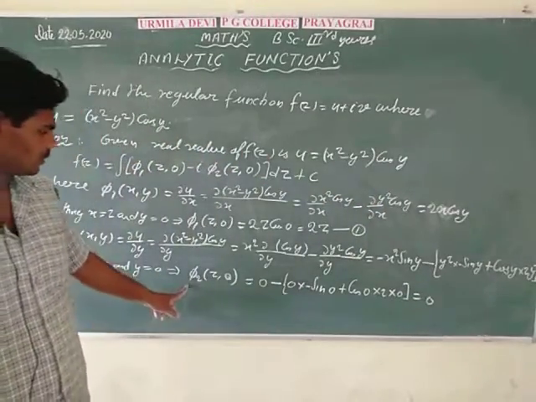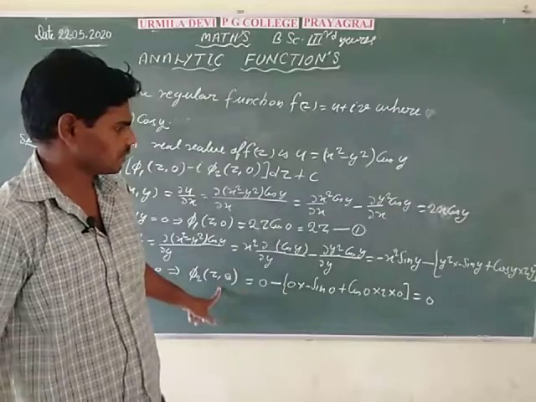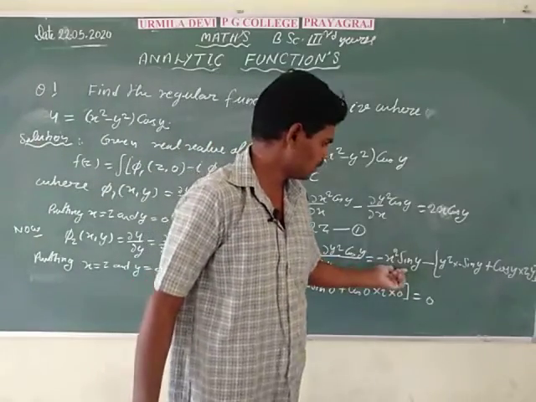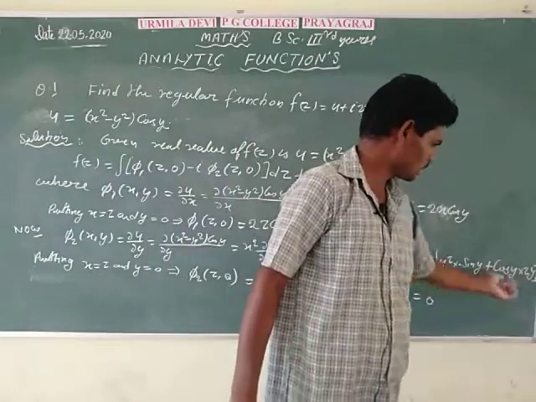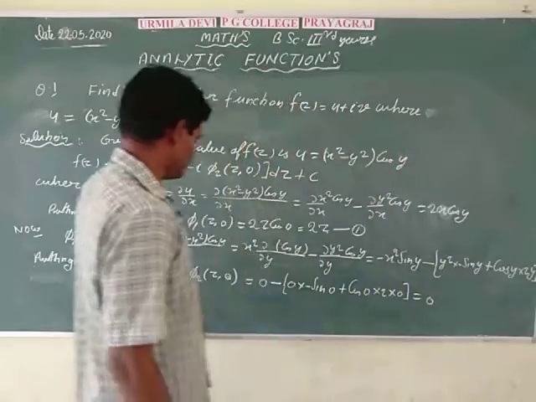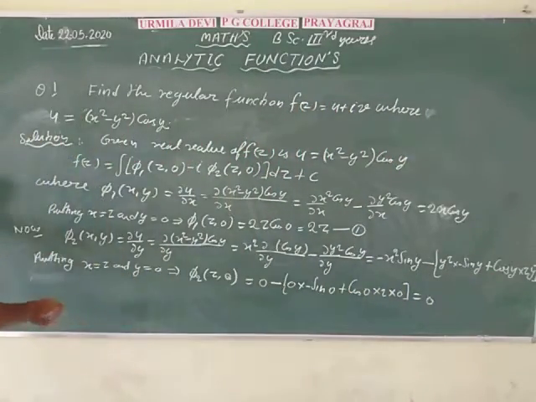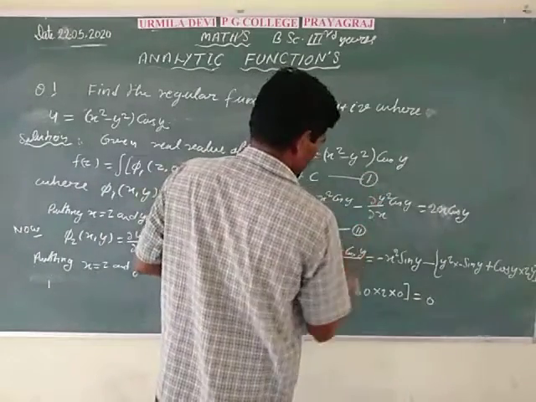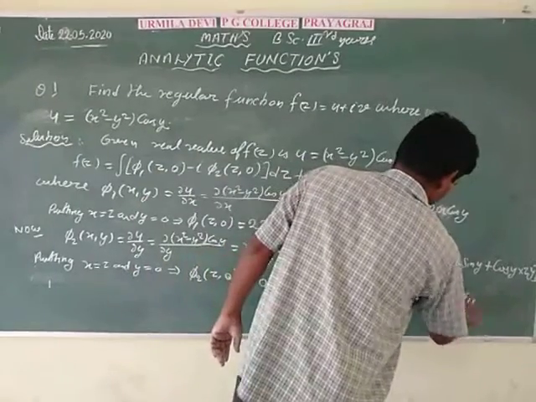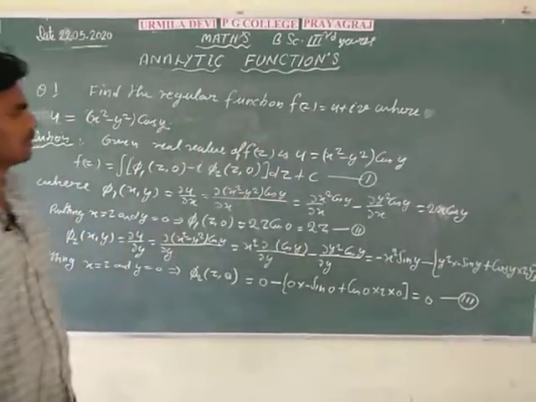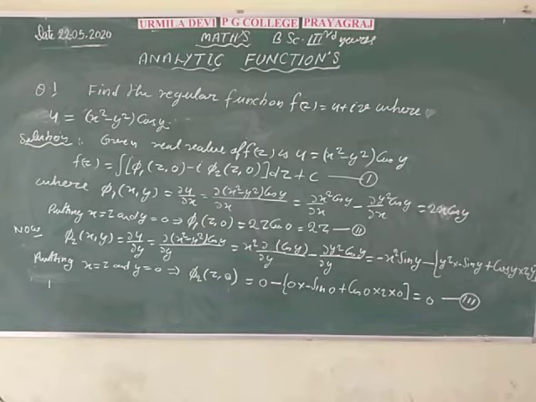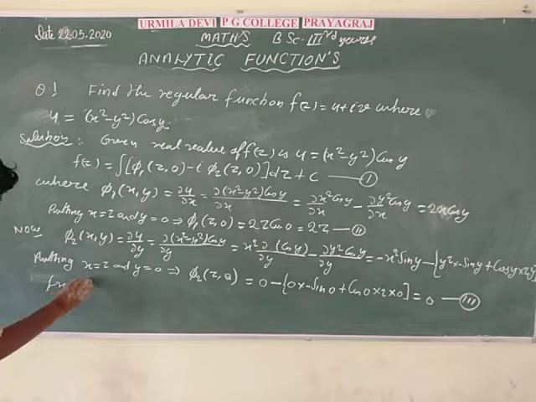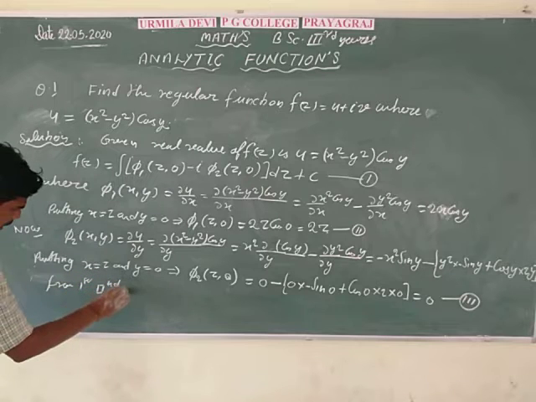So φ2(z, 0) is equal to 0, because the first is 0, this is also 0 and this is also 0, so total is 0. This is considered as equation third. Now putting the values.